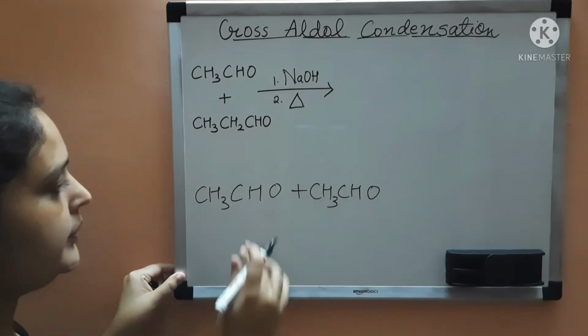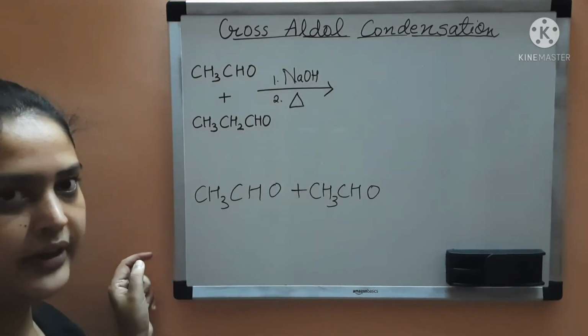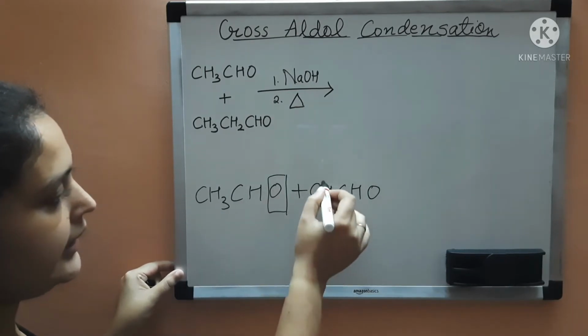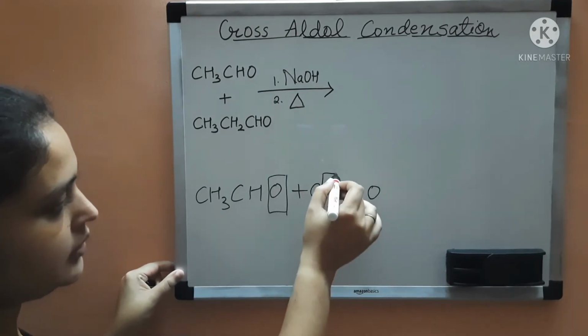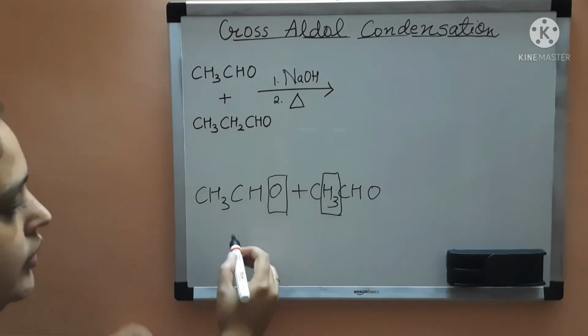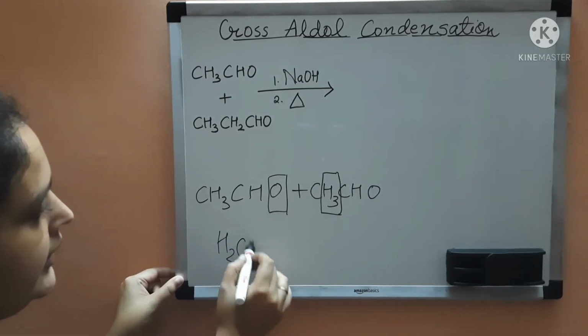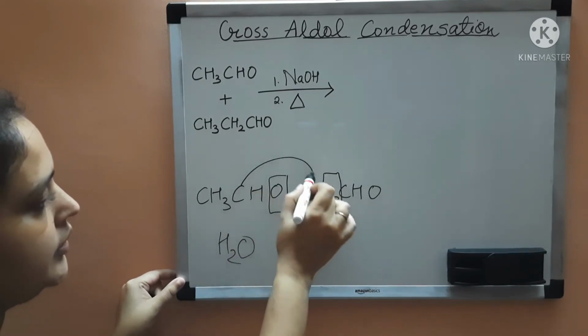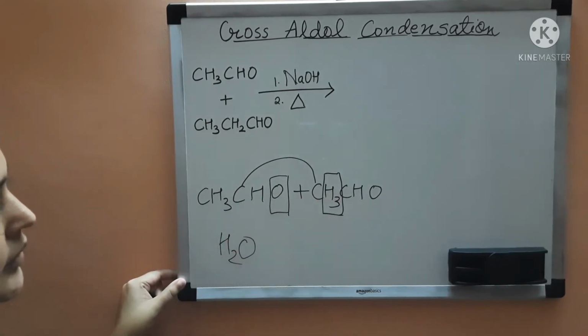Then, this is a trick to find the product: the oxygen atom and two of the alpha hydrogen atoms will be removed as a water molecule, and you will get a carbon-carbon double bond here.